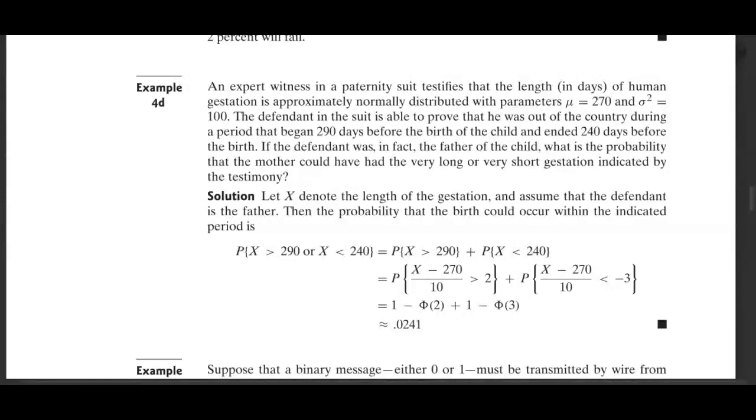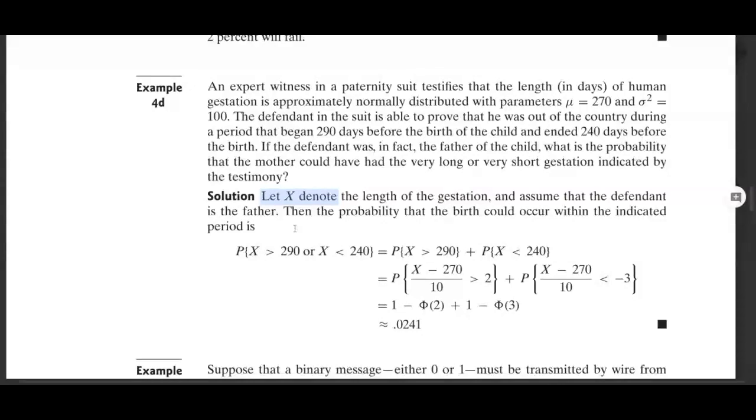The defendant in the suit is able to prove that he was out of the country during a period that began 290 days before the birth of the child and ended 240 days before the birth. If the defendant was, in fact, the father of the child, what is the probability that the mother could have had the very long or very short gestation indicated by the testimony?